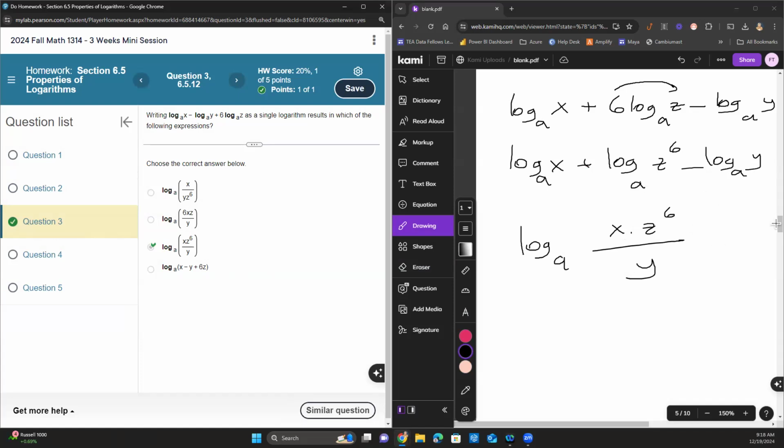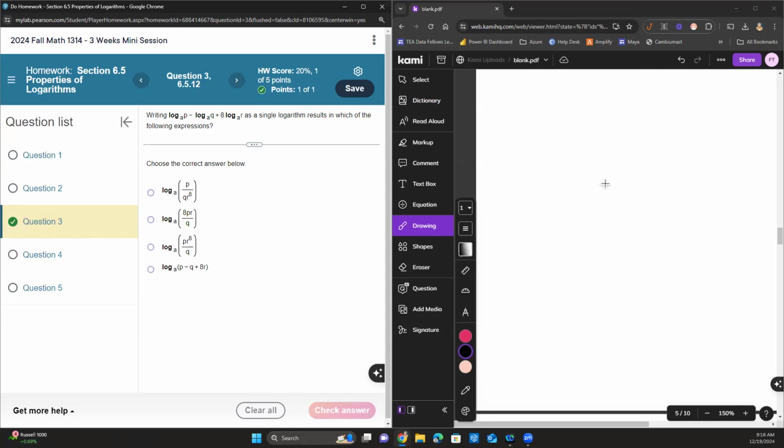I want to go to the next one. Actually, let's just do one more like this so you understand the idea better. If I repeat one more time how to do this question, I am going to write log base a of p, and then I'm just going to copy the positive one as plus 8 log base a of r, and then I'm going to move the negative one to the end, log base a of q.